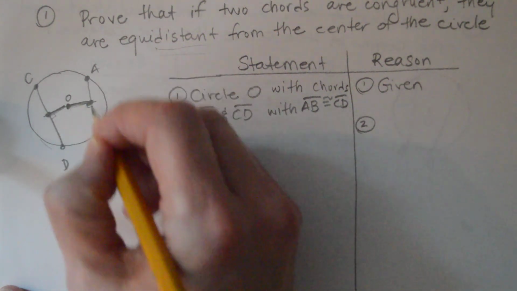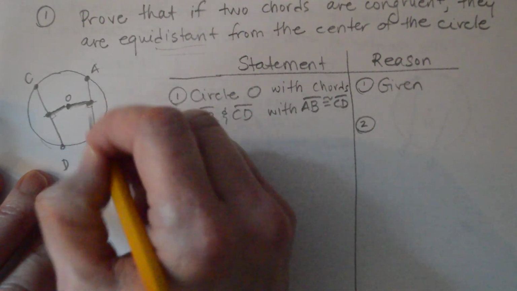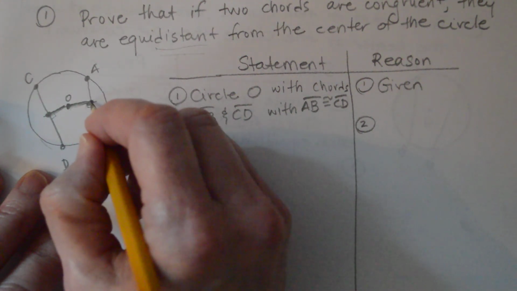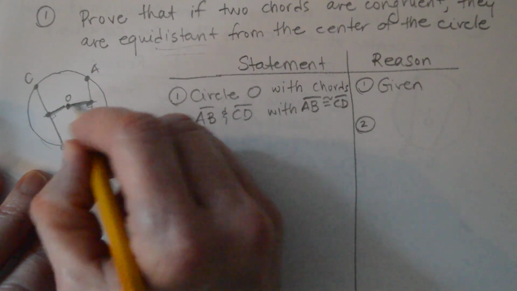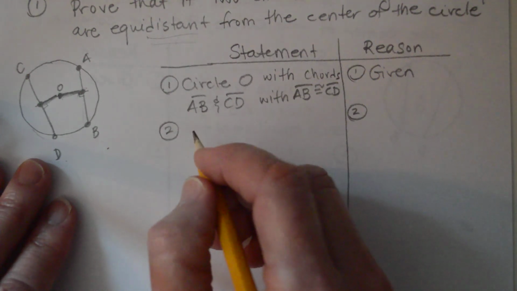Or we should say, I don't know why I keep saying angle, the chord bisector that is perpendicular will pass through the center of the circle. So let me just write that.